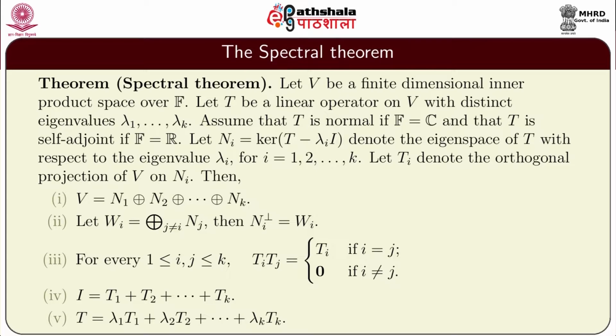The fourth part says that I is equal to T1 plus T2 and so on up to Tk. This is what is called the decomposition of the identity operator. And the fifth part says that T is equal to lambda 1 T1 plus lambda 2 T2 and so on up to lambda k Tk. So this is the so-called spectral decomposition of the operator T.